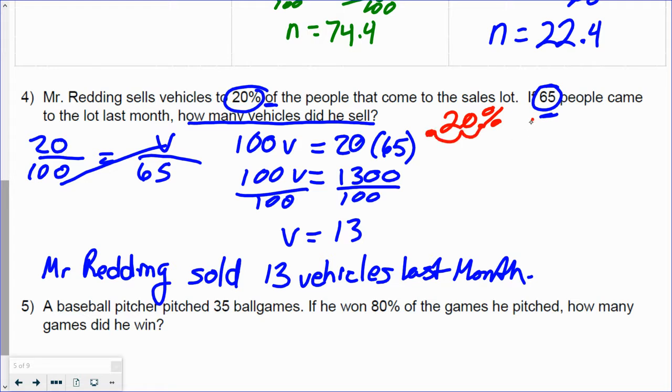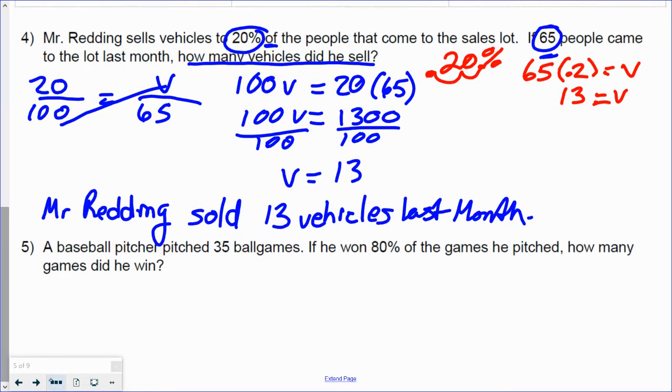You take your 65 times 0.2, and that will tell me how many vehicles he sold. You will still get the 13. That is one short equation way that you could do this, but proportions is an easy way as well, and it helps you practice with knowing how to do proportions, and that's an important standard for 7th grade.